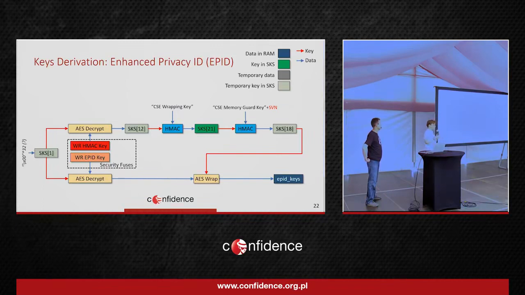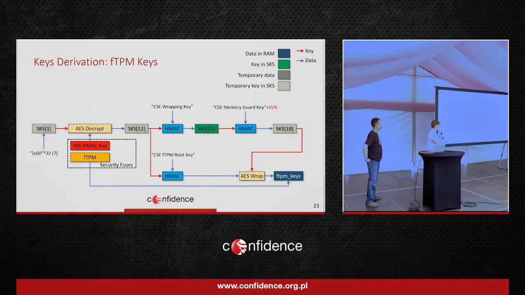Okay, the next keys are the FTPM keys. It is generated likely at build time, and we can recover it because we can calculate key 18, and we can rewrap some data from memory saved in a special structure called FTPM keys.